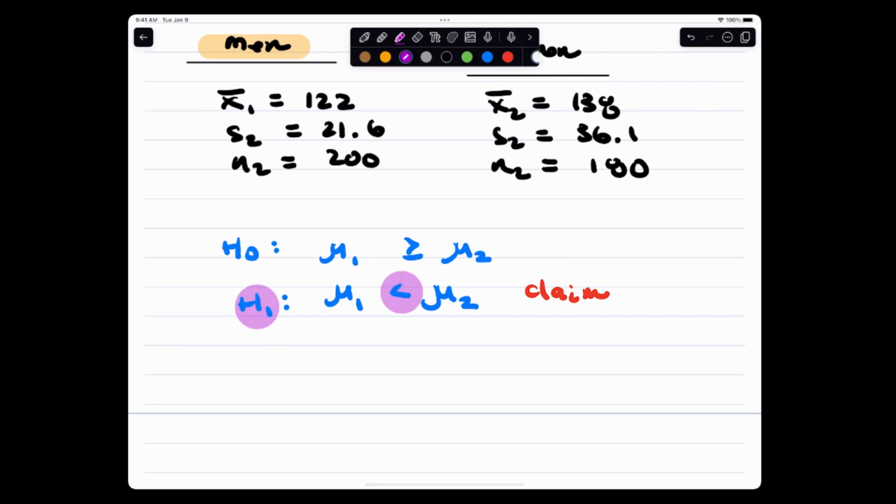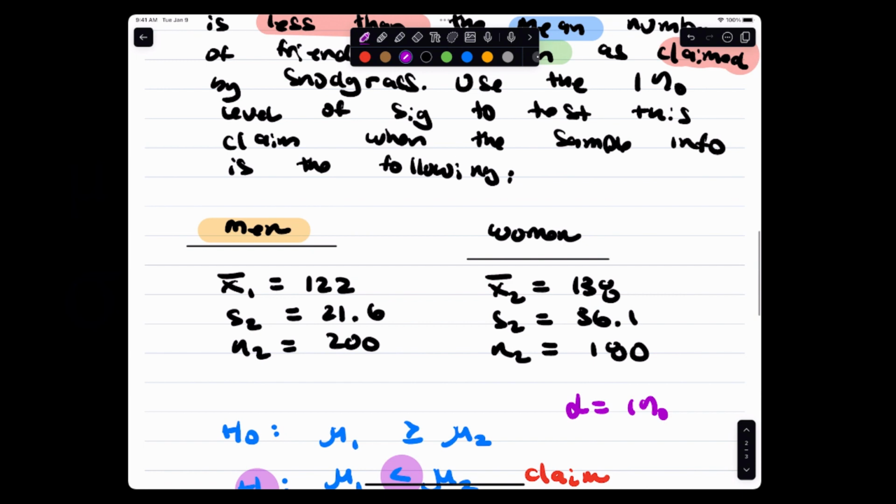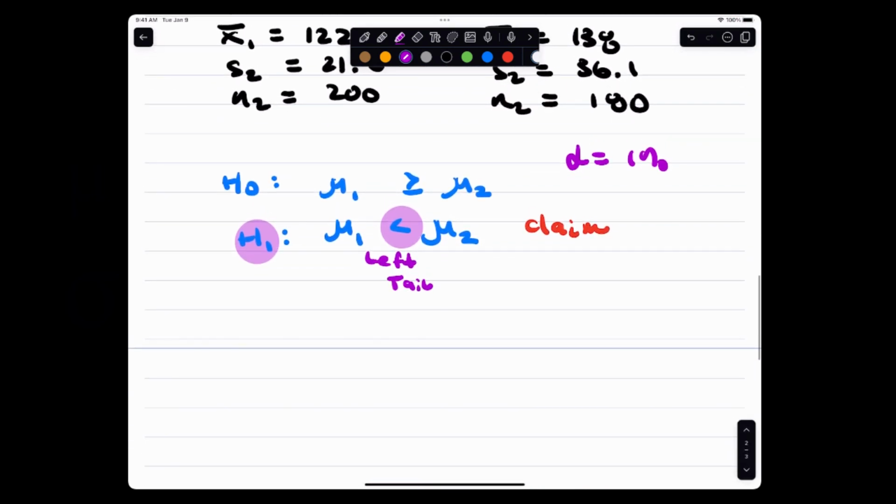Good job. It's left tail. Is that right? We're going to use the modern method. The level of significance is 1%. Right in here. Use the 1% level of significance to test this claim. So we have to check, is P smaller than alpha?